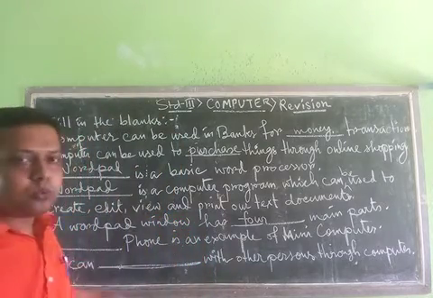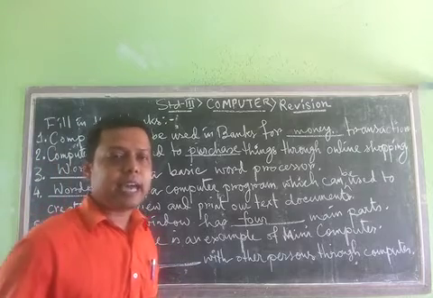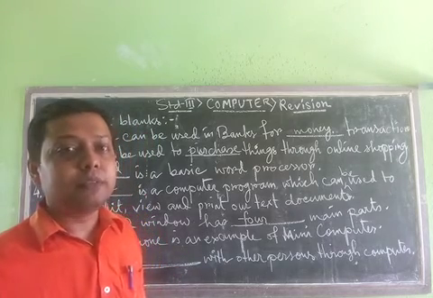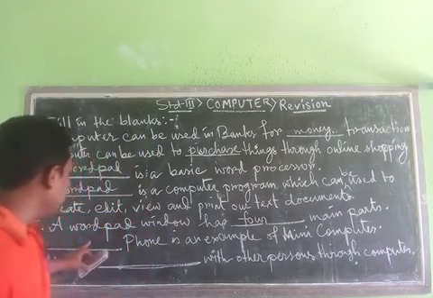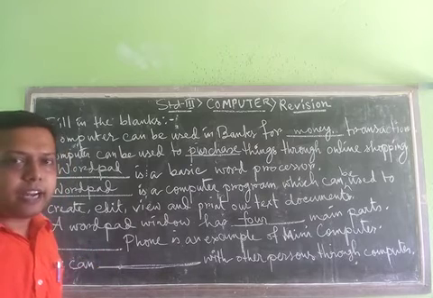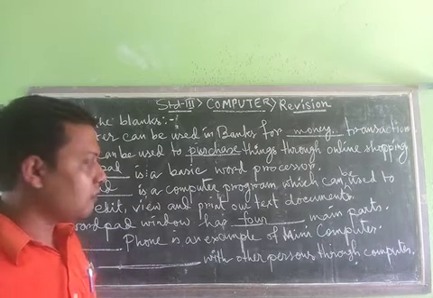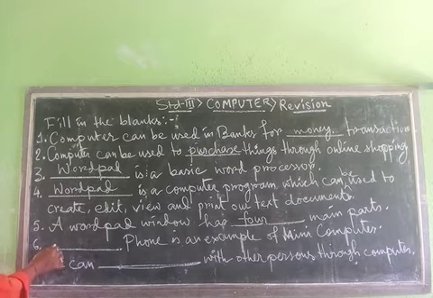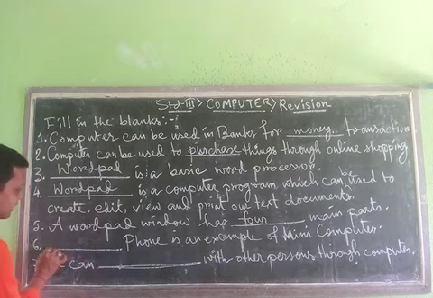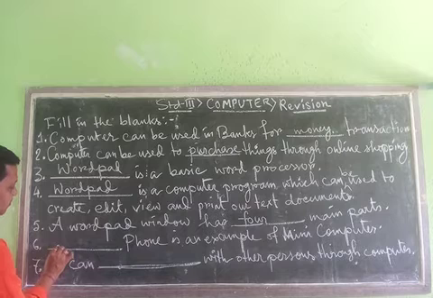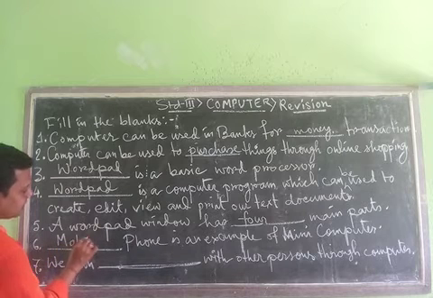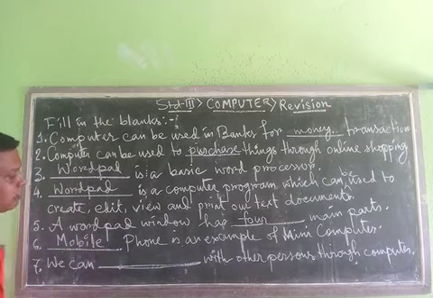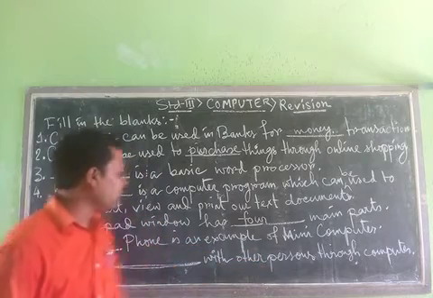With telephone, this has no facility of visualization. Telephone cannot display anything, but mobile phone can show so many things. So the answer is mobile phone. M-O-B-I-L-E. Mobile phone is an example of mini computer.